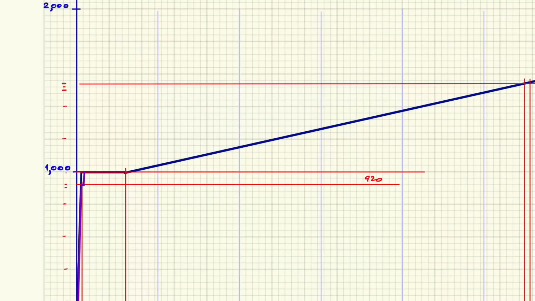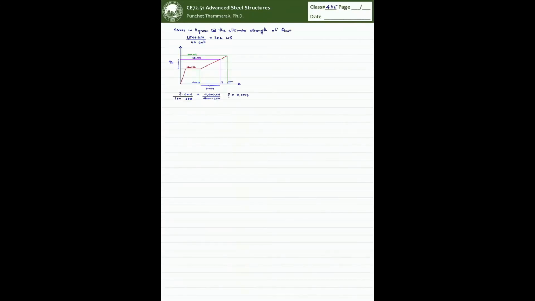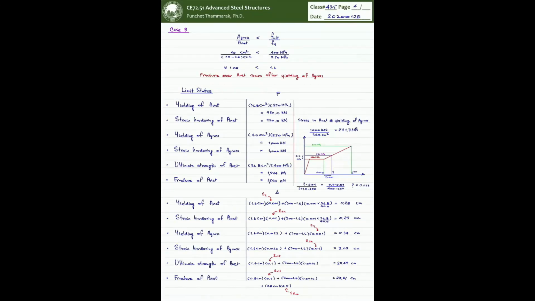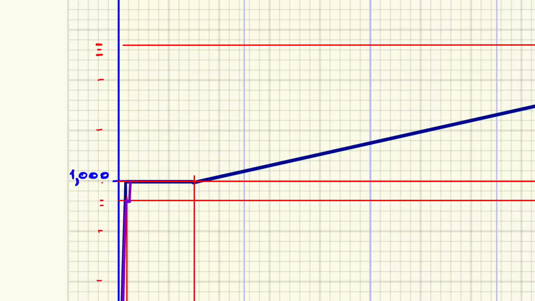Now, from this 1000 here, you will be going to the 1000, okay, and then go to 3, right? Okay, go to 3, 1000 to 3, which is to this point.